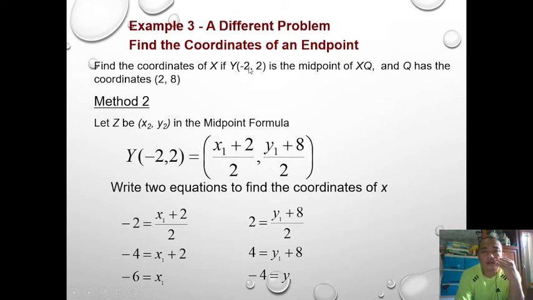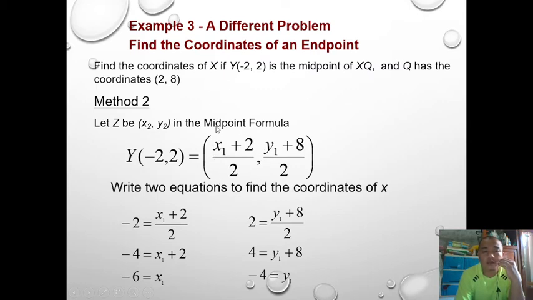So solving using method 2. Same problem. Since the midpoint is at (negative 2, 2), we're trying to find the other endpoint X. Using the midpoint formula: x sub 1 plus 2 all over 2, and y sub 1 plus 8 all over 2.